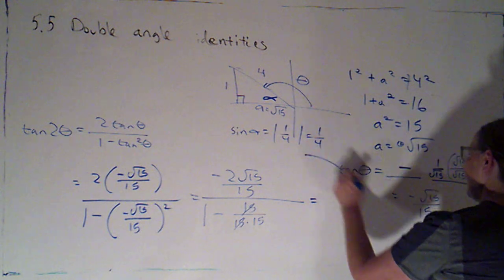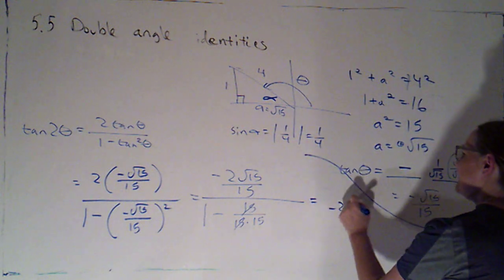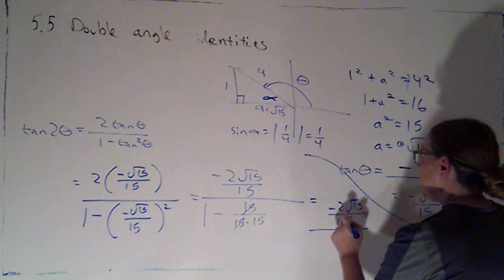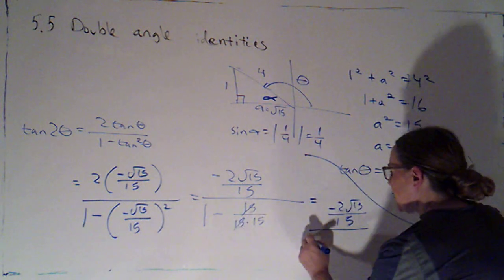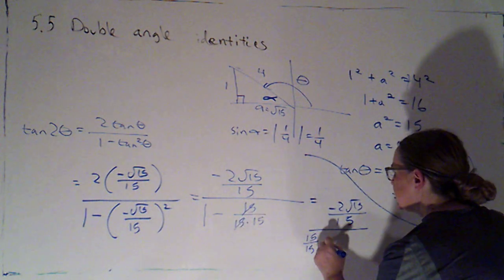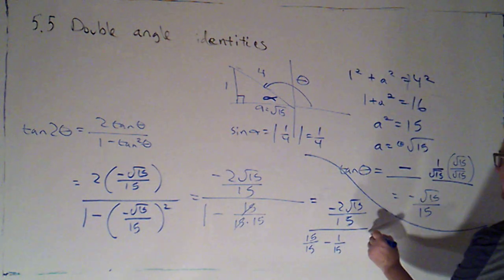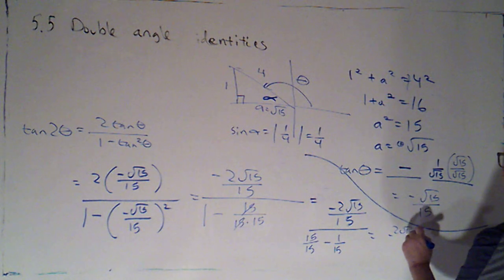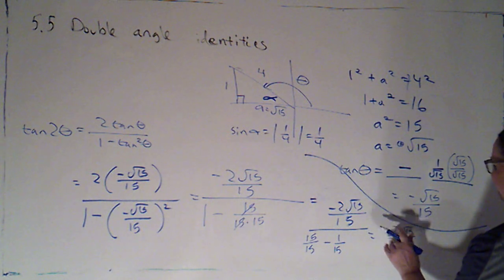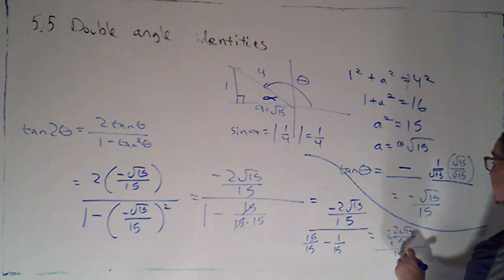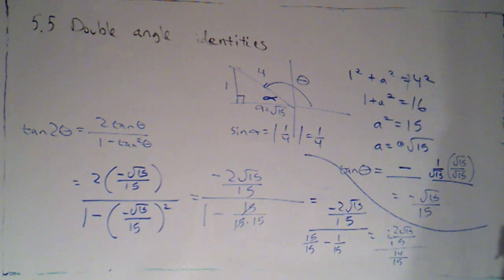So, I'm going to have negative 2 root 15 over 15 all over this 1 I'm going to write as 15 fifteenths minus 1 fifteenth. So that's negative 2 root 15 over 15 all over 14 fifteenths.